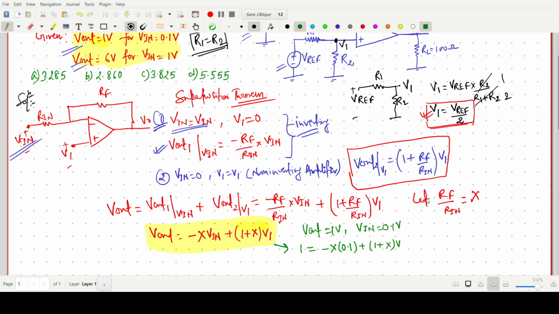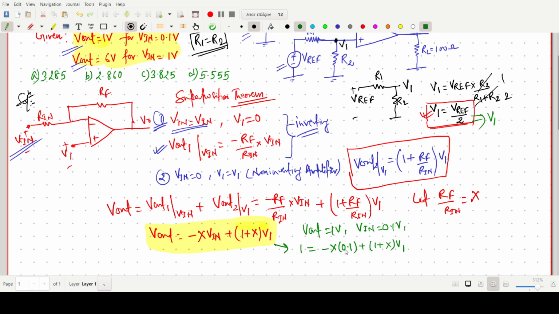Basically this one is V ref by 2, and for simplification purposes I am writing it as V1.